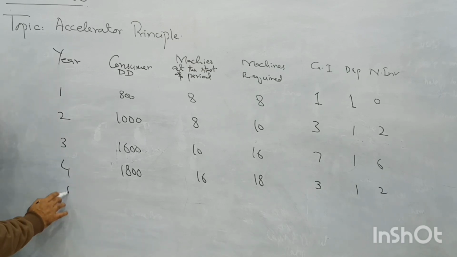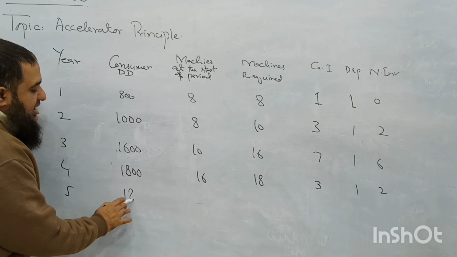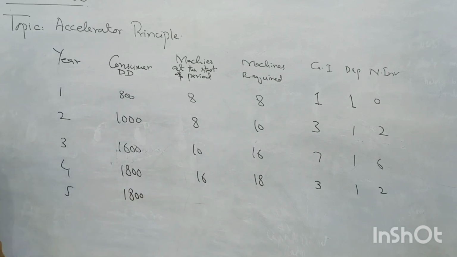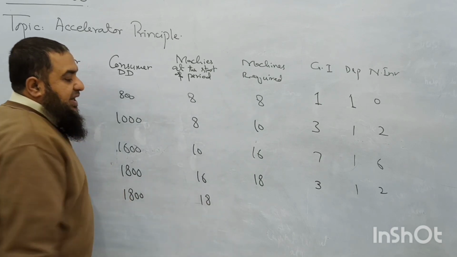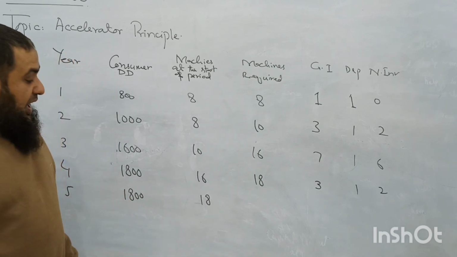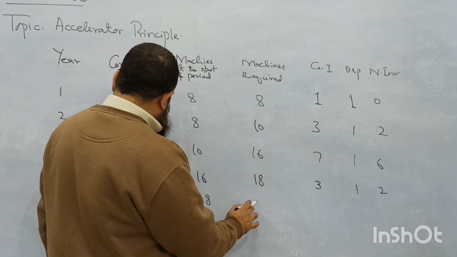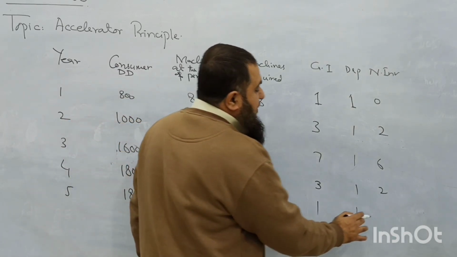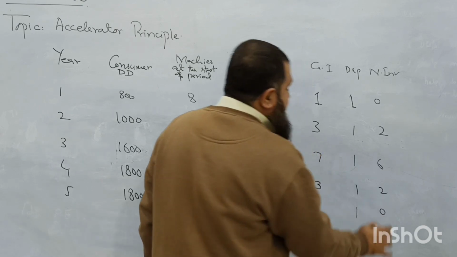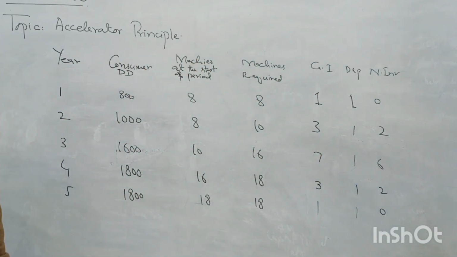Now in the fifth year, consumer demand remains the same, it does not change. How many machines do we have? 18. How many are required? 18. 1 is depreciating, so we bring 1. So net investment is 0.